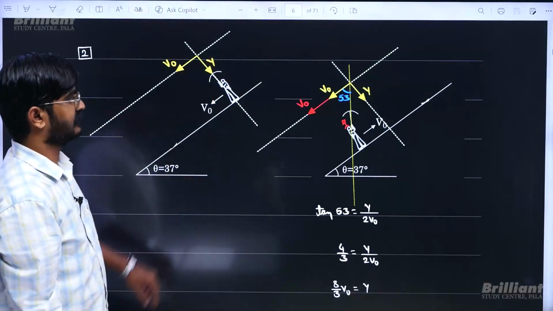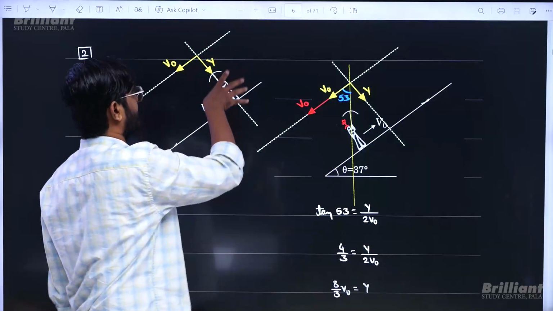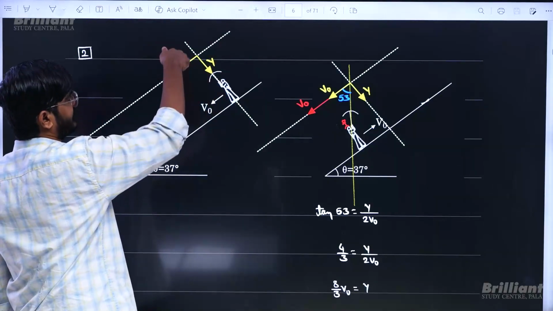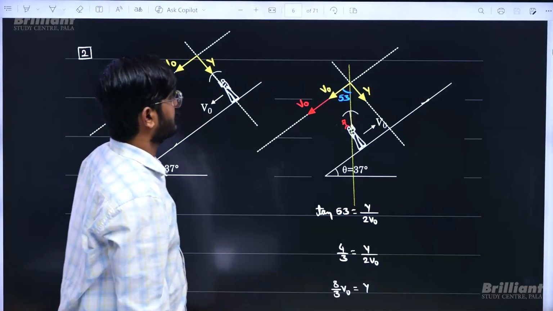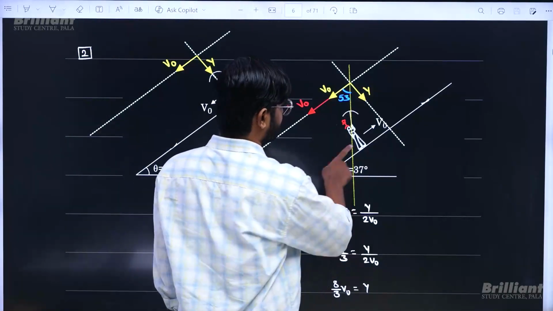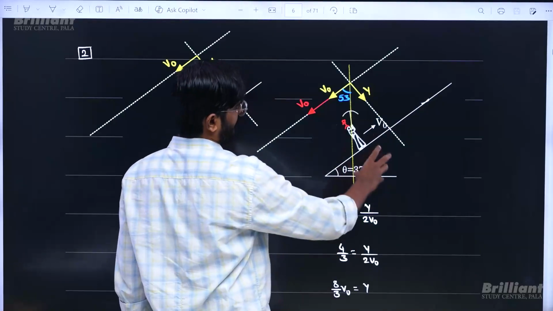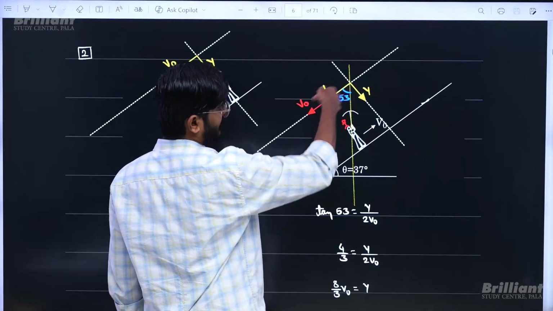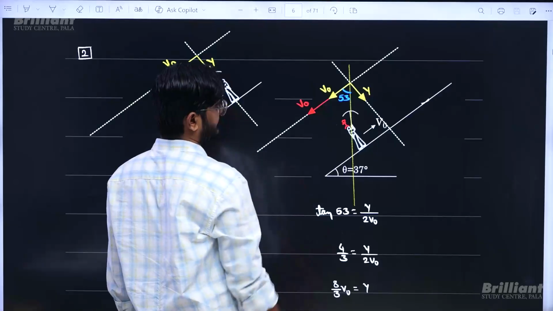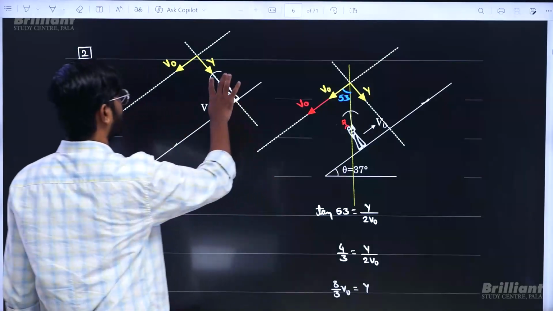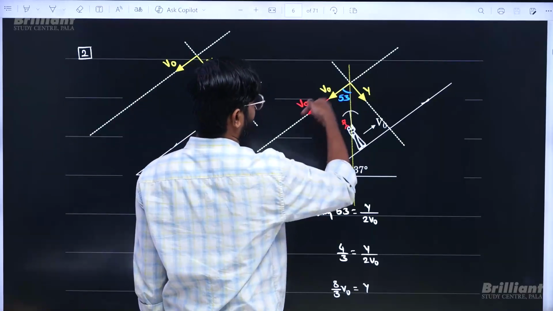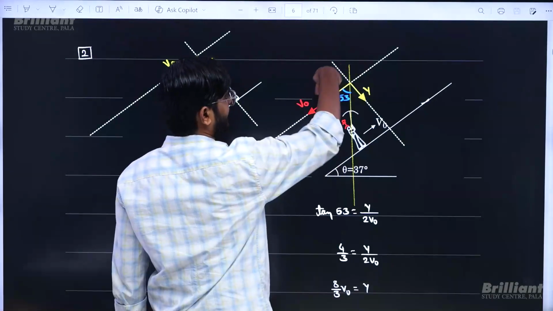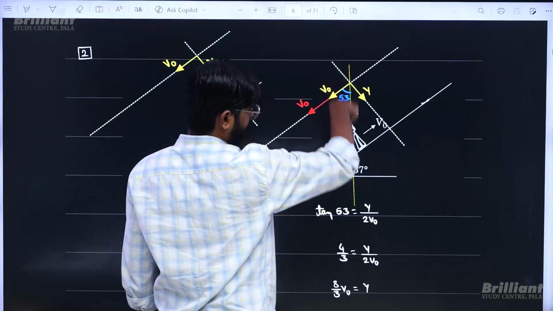That's the first scenario. Now we understand rain has some random velocity which can be resolved into v0 in this direction and another component we don't know, which I am calling y. That is the actual velocity. Now when the man is climbing up, in the man's frame, rain will have an extra velocity v0. With respect to the man, this velocity gets cancelled, and the resultant is falling vertically.